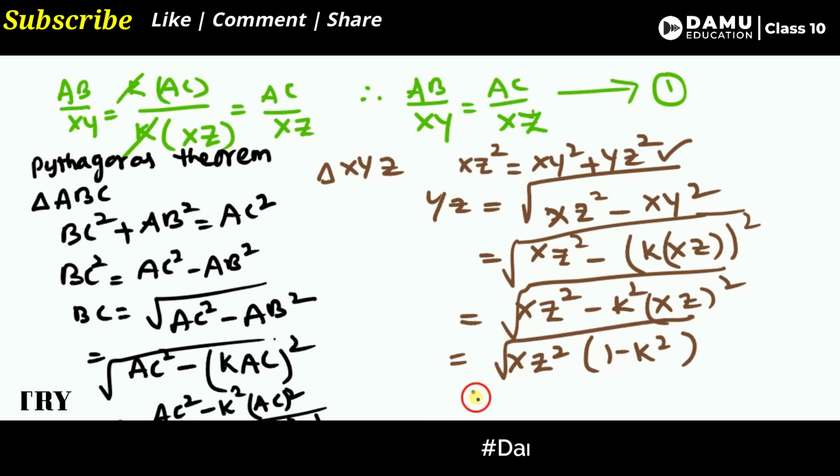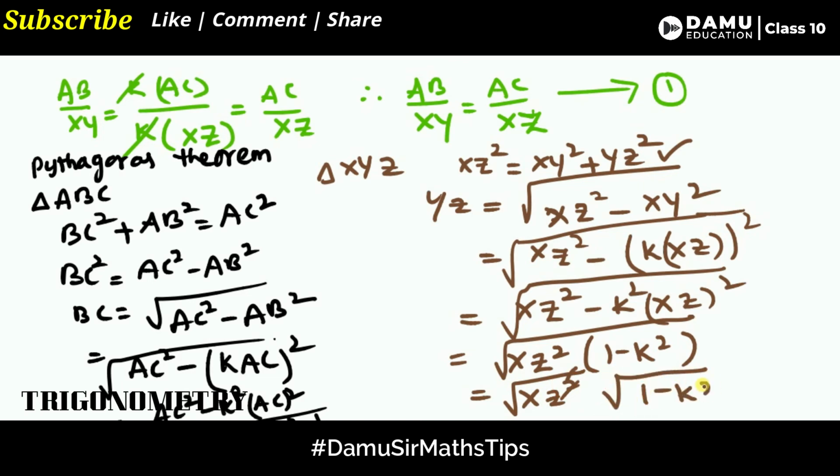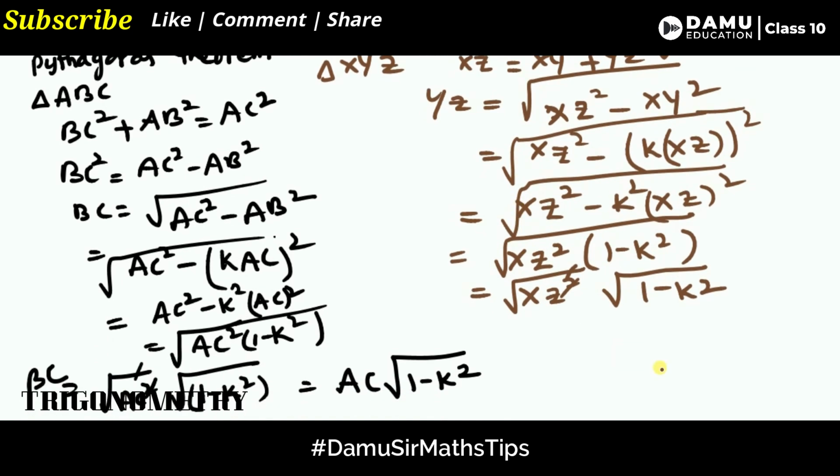The square root will cancel, and we get the square root of 1 minus k square. Therefore YZ will be equal to XZ into the square root of 1 minus k square.